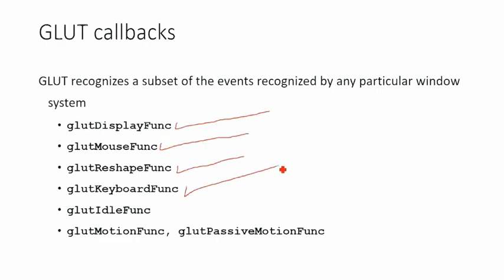If there are no events, then I can register some activity for whenever there is no event in the program. That can be registered using glutIdleFunc. Using idle func, we were able to change the axis of rotation in our cube rotation program, and we were able to rotate the cube, right?